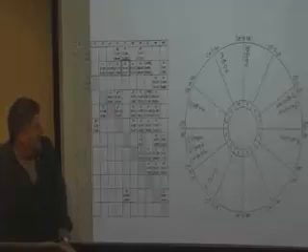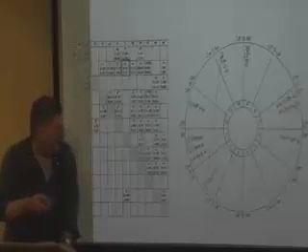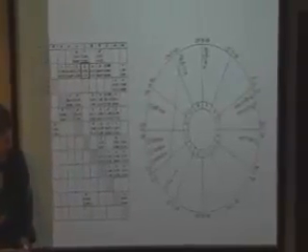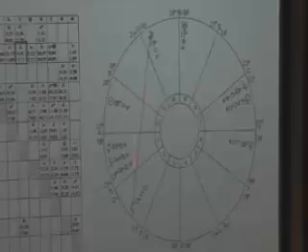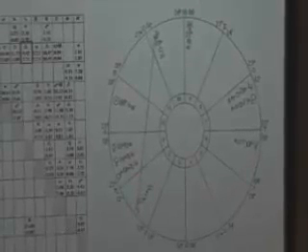Moon trine Saturn. We know the moon is at 19 degrees of Leo in the 10th house. Saturn is 12 degrees of Sagittarius in the 2nd house. I do believe this man was able to attract patronage, supporters.